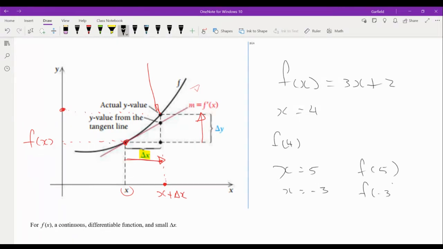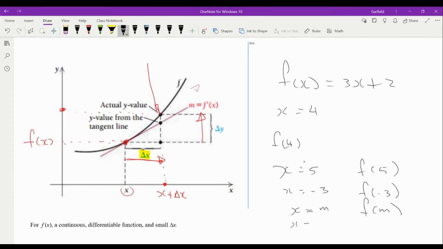Excellent. So to find the corresponding y value, we always plug in the given x value. Let's say x is equal to m. What do we do? We plug in m. Excellent.